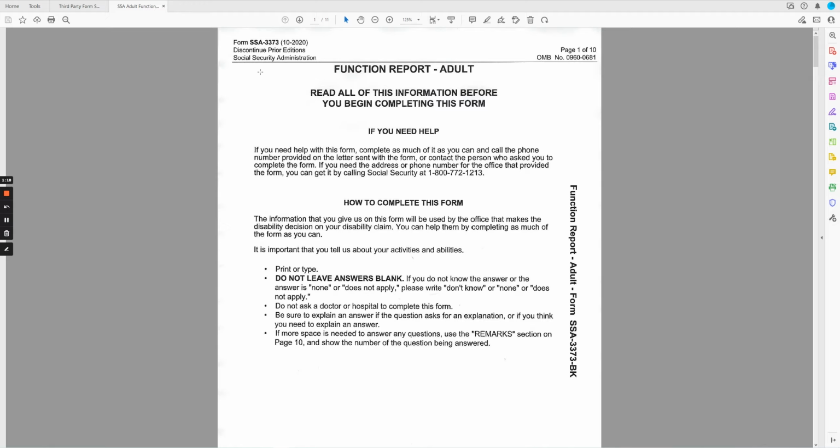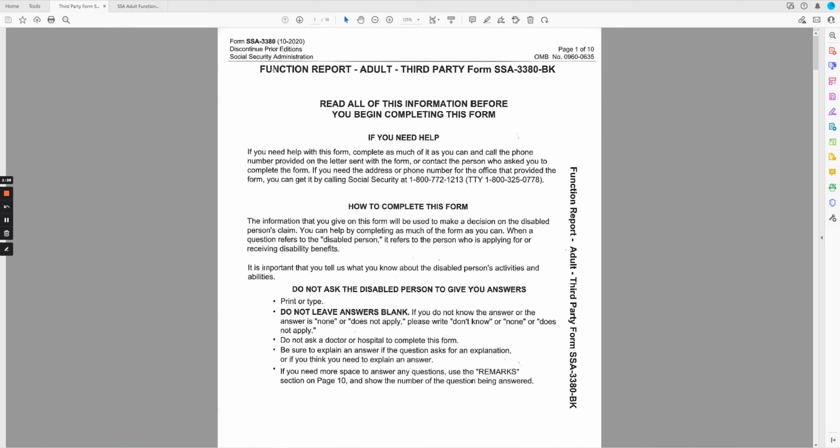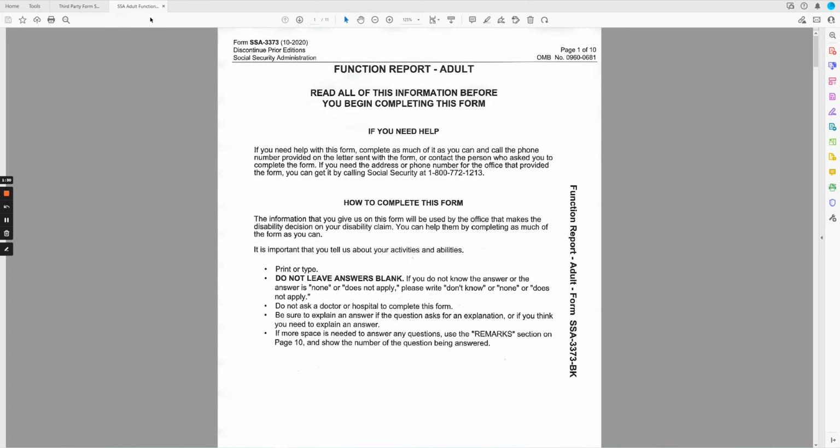Here I want you to notice in the top left-hand corner, it says SSA-3373. And for this form, you'll see it's SSA-3380. So this form is sent directly to the person who is disabled, and they are asked to complete this and fill this out and mail it back in.